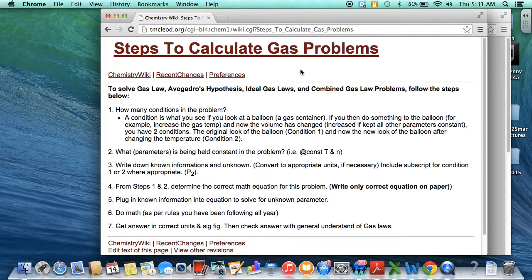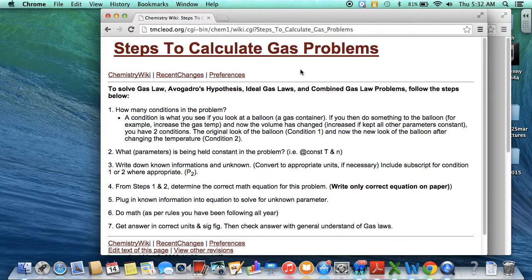You declare all the variables and get them into the appropriate units so that they cancel out as much as possible once you plug them into the equation. Then you do your math, and you get your answer in the correct unit or the closest correct unit.